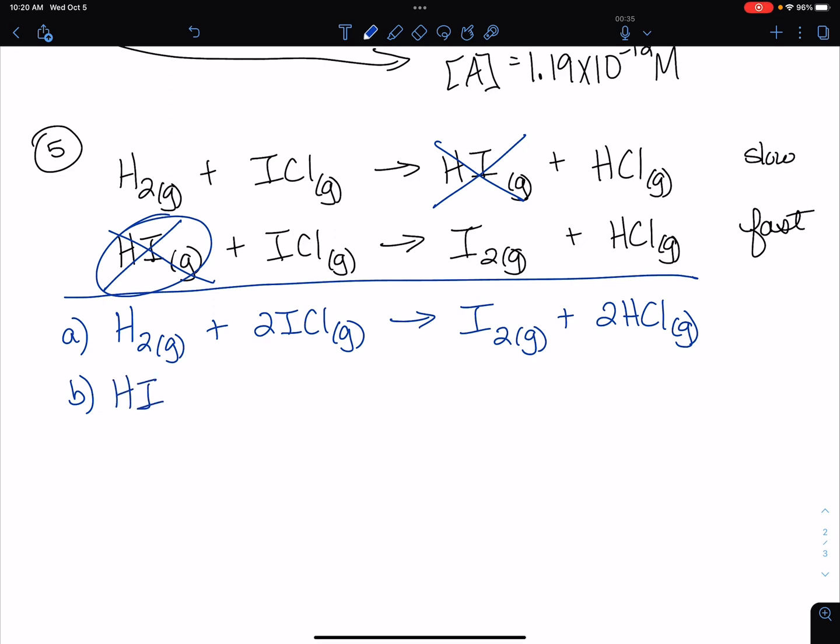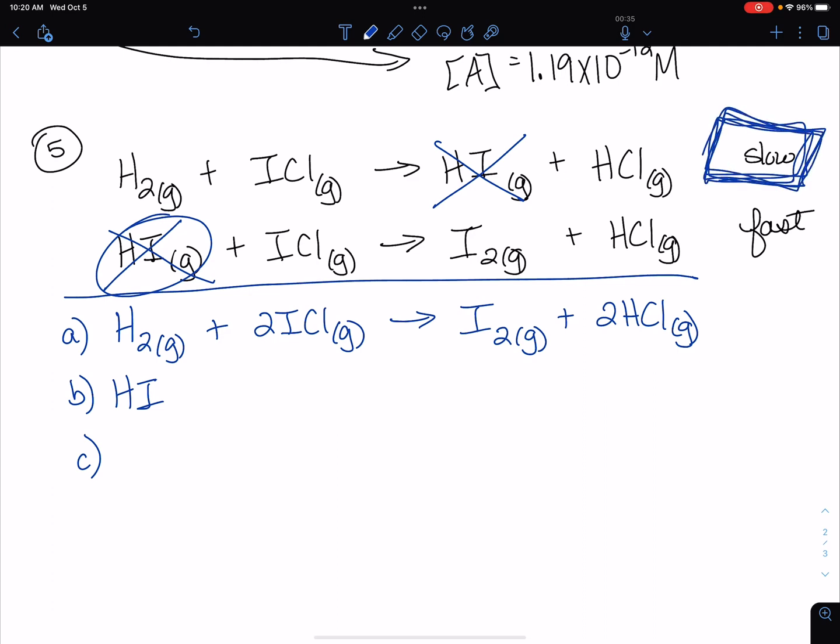And then C asks me what would I expect the rate law for the overall reaction to be. Well, what I have written in black and what you're given in the problem is a mechanism. So those are elementary steps. And remember that the rate law for the overall reaction will match the rate law for the slowest step.